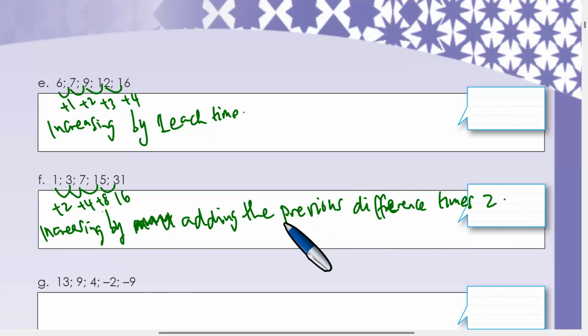The difference was 2 multiplied by 2. The difference was 4 multiplied by 2. The difference was 8 multiplied by 2. You are increasing by adding the previous difference times what? Times 2, isn't it?